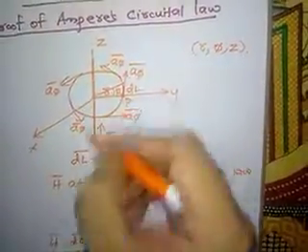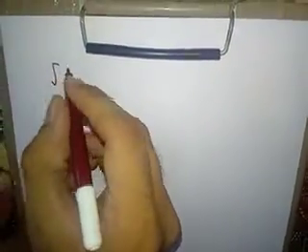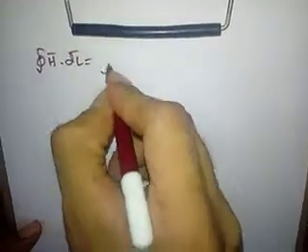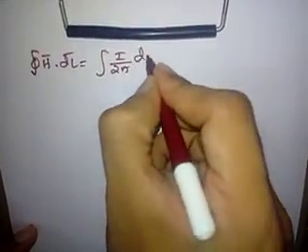So I am integrating whatever equation we got previously: the integral of H bar dot dl bar is equal to I divided by 2 pi d phi over the limits phi equal to 0 to 2 pi.